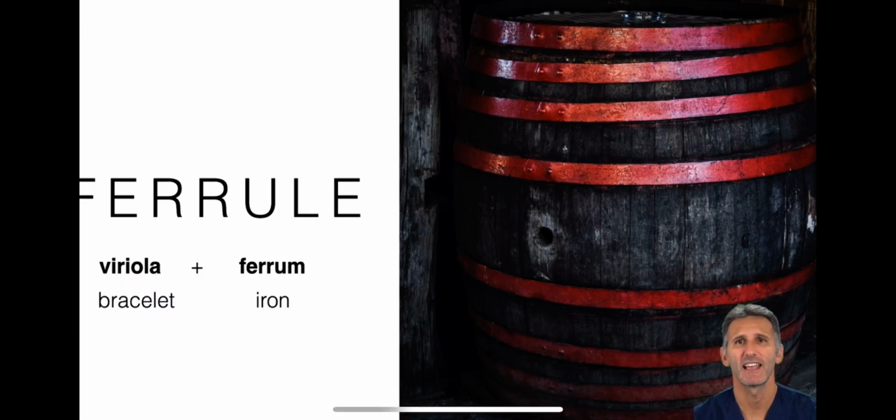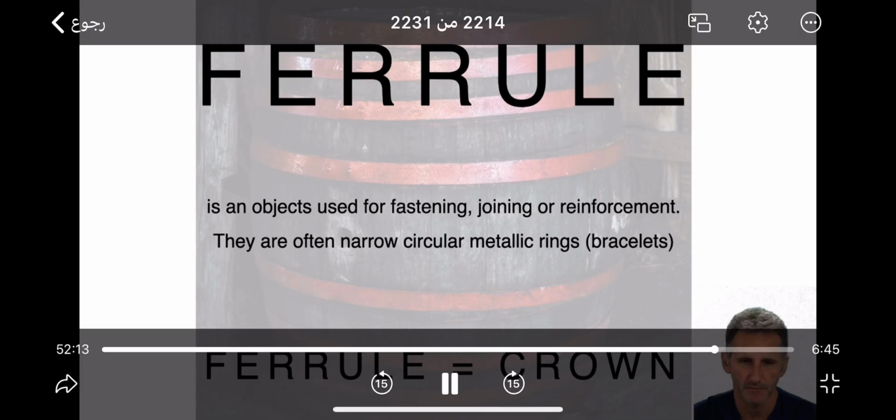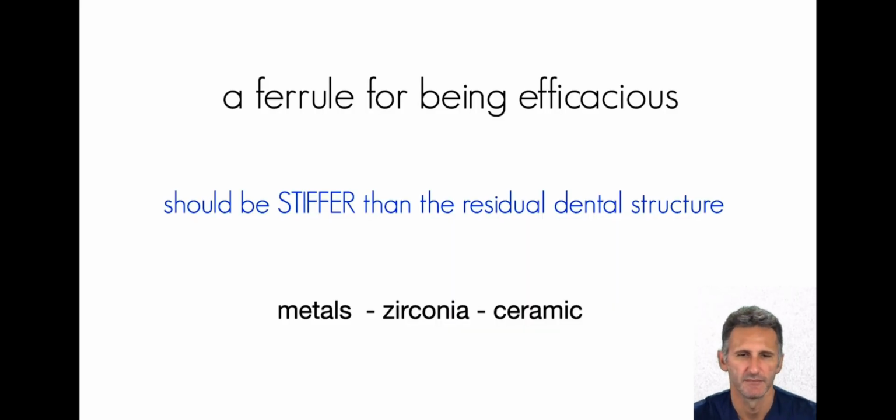A collar that is named a ferrule. Ferrule comes from the Latin viriola, bracelet, plus ferrum, iron. And it is, in physics, an object used for fastening, joining or reinforcement. They are often narrow circular metallic rings like bracelets. In our field, these are crowns.